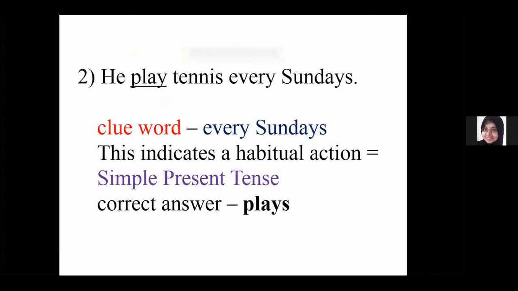To express a habitual action, we have to go with simple present tense. So the correct answer will be "plays", because you know the form of the simple present tense: I play, you play, we play, they play, he plays, she plays, it plays. So this is the correct answer.